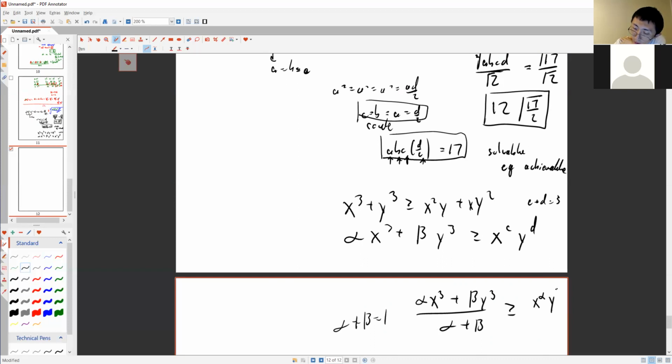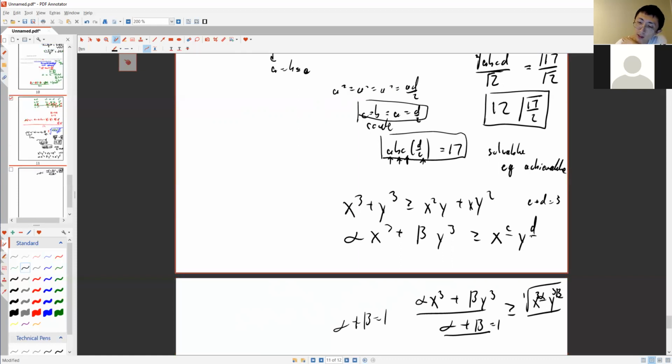And then y to the beta, 3 beta 3. So we don't need the square root if this is actually equal to 1. So I guess alpha and beta should be in the ratio of c to d.